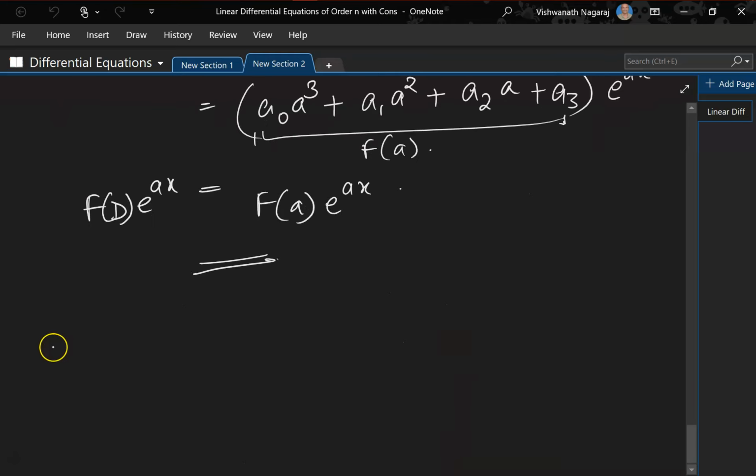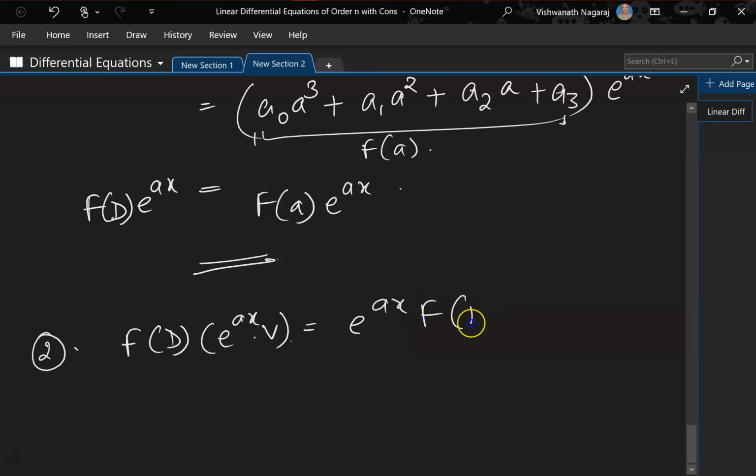Okay. Similarly, there is another result: f of D e^(ax) times V is equal to e^(ax) f of D plus a, times V. Here V is a function of x.